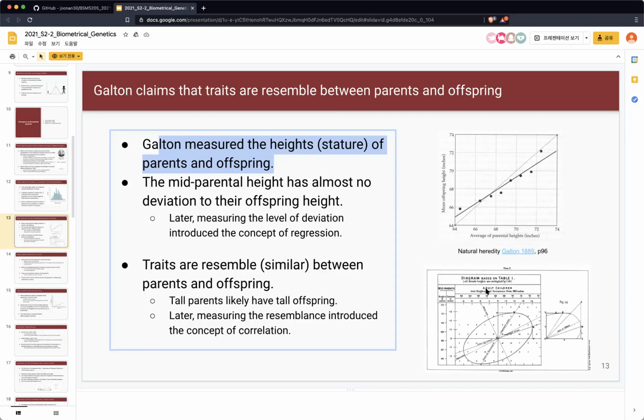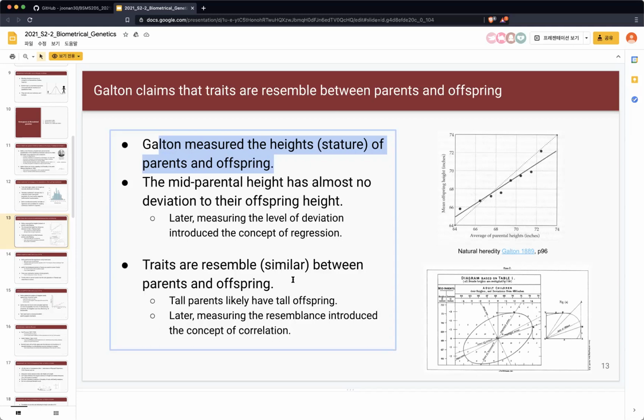And if you measure the height of an adult child, not a young child, because the height is still growing, so you use adult children. If you get a tall mid-parent value, then you will have a tall child, right? And that is almost identical in his measurements, right?